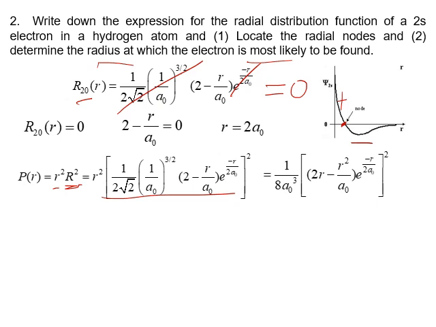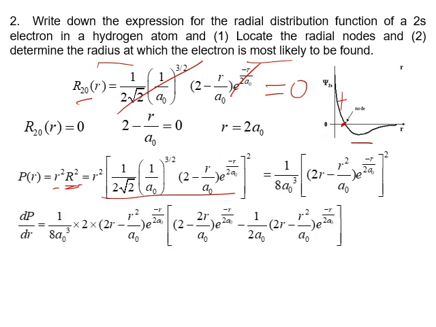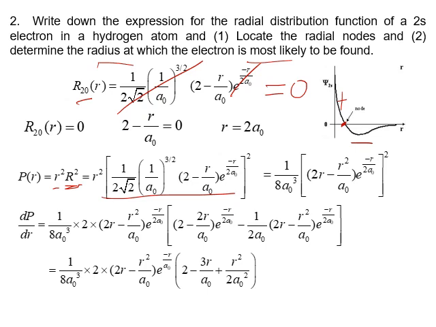In calculus, to find the most probable distance, you need to take the derivative of this function and let it be 0. I will skip the steps, but I strongly suggest you try it. You should get this equation. Let this be 0.